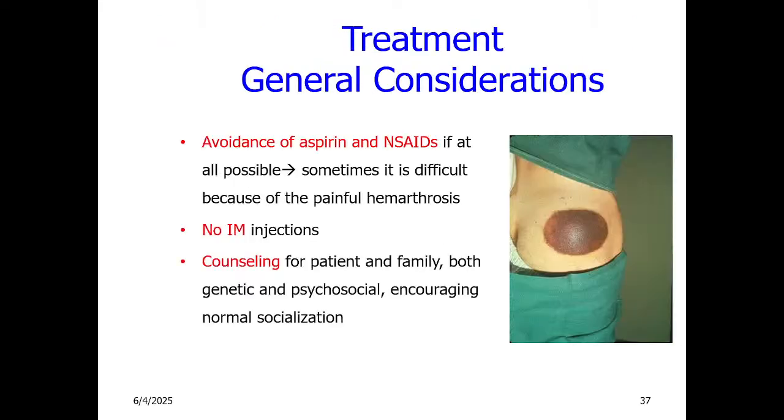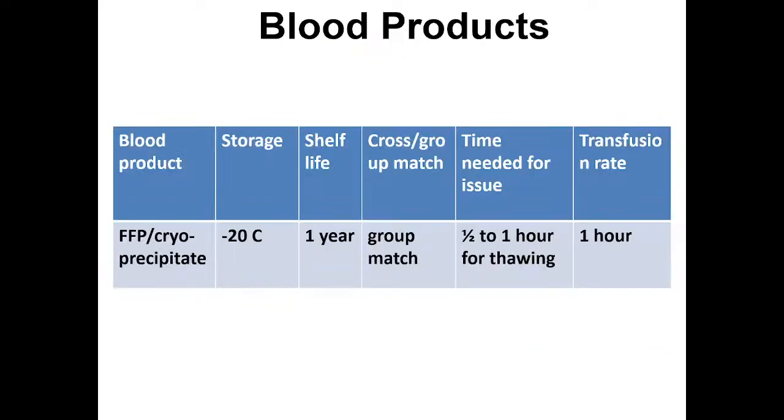Then treatment. General considerations are avoidance of aspirin and NSAIDs, no IM injections, and counseling for the patient and family on how to prevent further bleeding and how to take care.